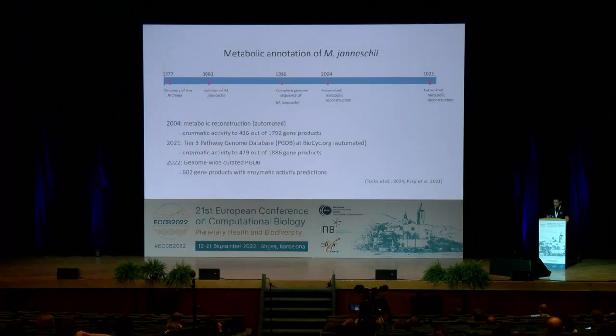Now we are at the stage of a genome-wide curated PGDB, and this work predicted approximately 600 gene products with enzymatic activity.